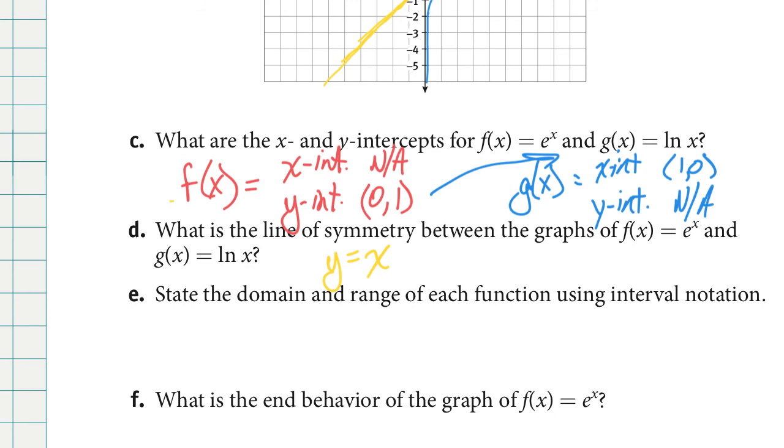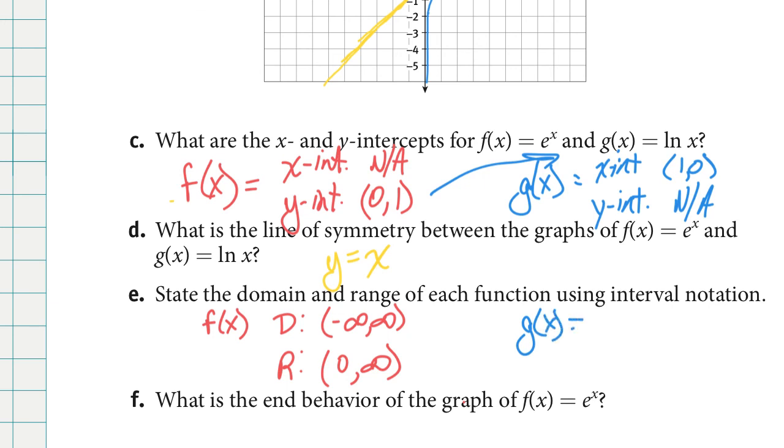State the domain and the range of each of these functions. So we'll do f of x, domain, range. Well, the domain of all exponential functions is all real numbers. The range is 0 to infinity if it's not transformed, which is what we will work on tomorrow.